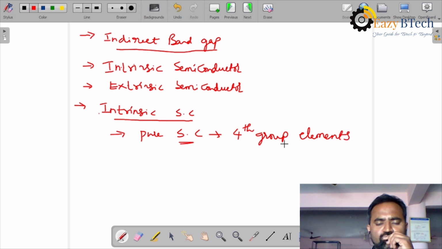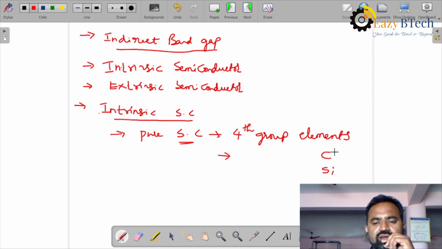These are the fourth group elements: carbon, silicon, germanium, lead and tin.